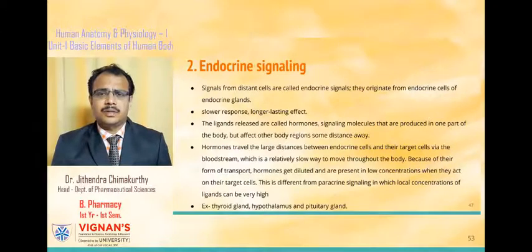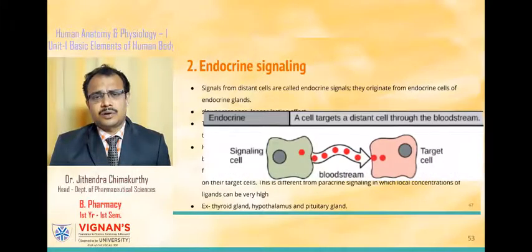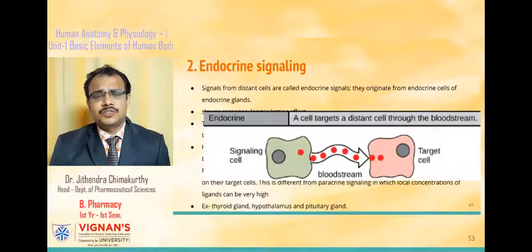The other common type of signaling is endocrine signaling. In contrast to paracrine signaling, where the transmission of signals occurs between two cells in close proximity, endocrine signaling occurs between cells which are far apart. This signaling is mediated through messengers called hormones, and the cells which produce these messengers are called endocrine glands.